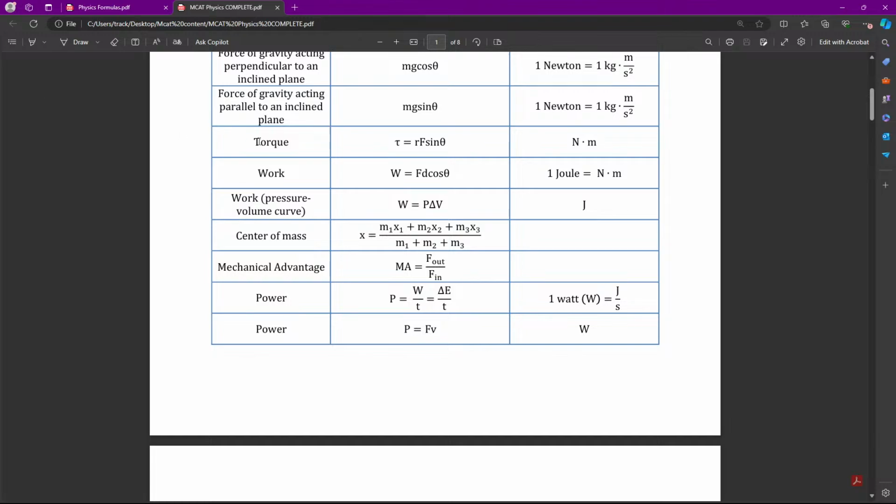Power is equal to work over time. Power is equal to force times velocity. Because that makes sense, because force is equal to newtons. Work is newton meters, so power is newton meters per second.